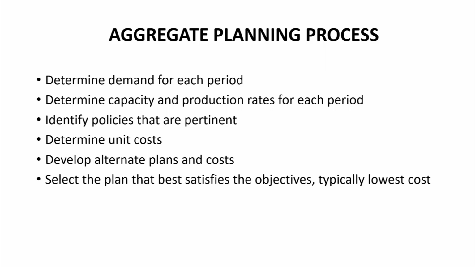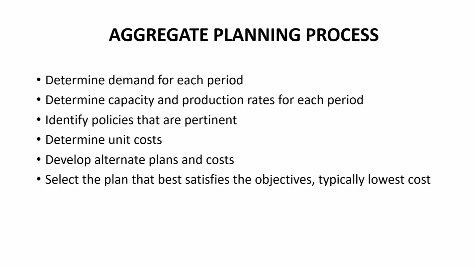Then I have to see what policies are available to me. Do I have some contracting available, can I increase my manpower, do I have the necessary funds to keep inventories, can I go for shortage? These are the policies, or strategies, at my hand which can be leveraged to meet the demand.